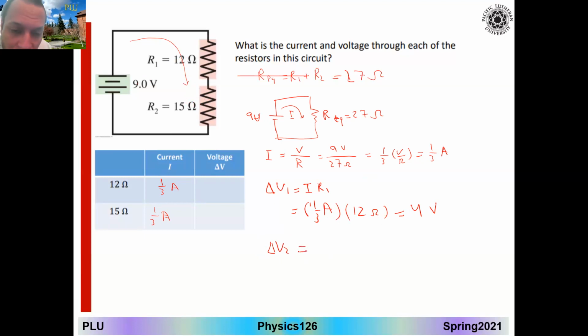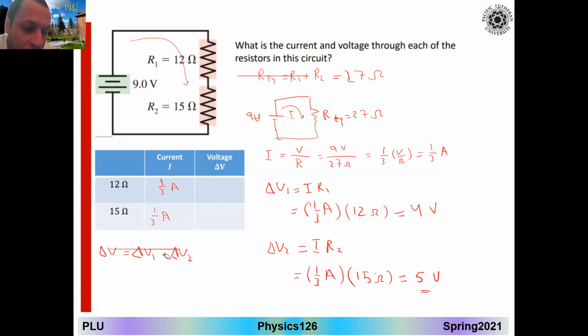Let's confirm that. This one is I times R2. I have I, 1/3, times the resistor, 15 ohms. I end up with 5 volts. So that comes to delta V again. Delta V equals delta V1 plus delta V2. That's still valid, so this one should be 4 volts and this one should be 5 volts.